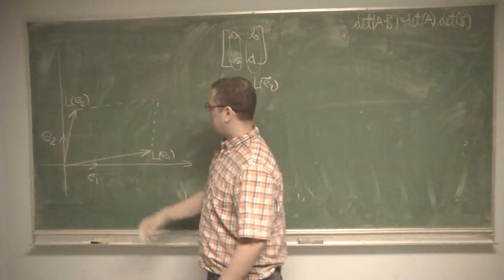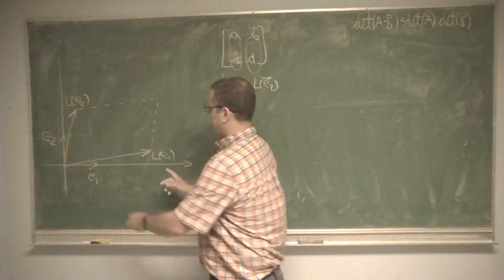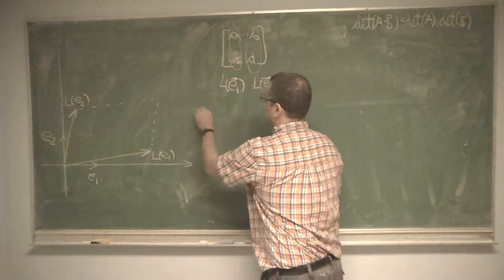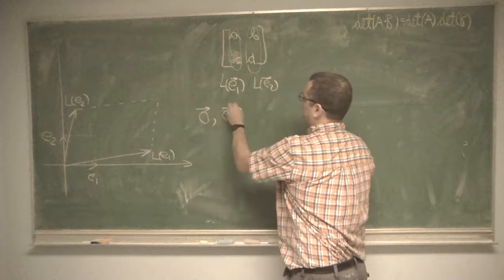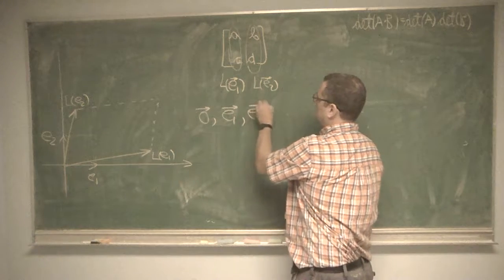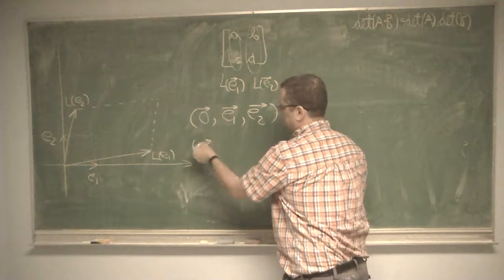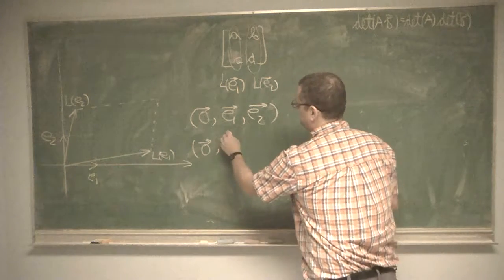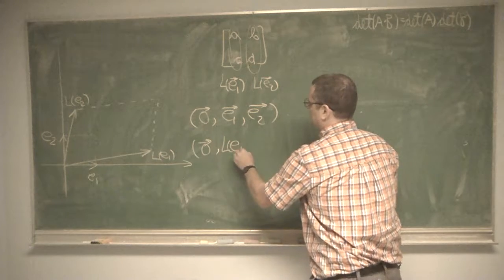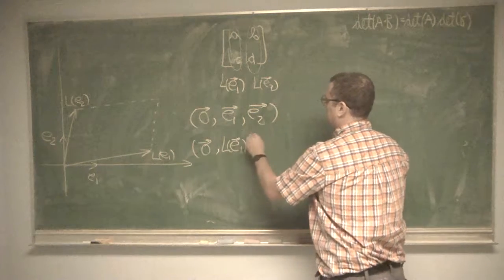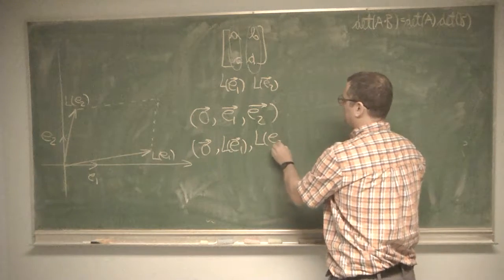In this particular picture, I have 0, E1, E2, and I mapped them under a linear transformation: 0 to L of 0, which is 0, E1 to L of E1, and E2 to L of E2.